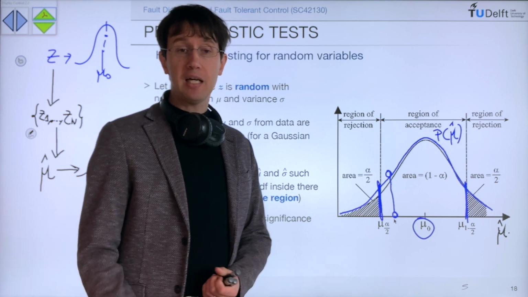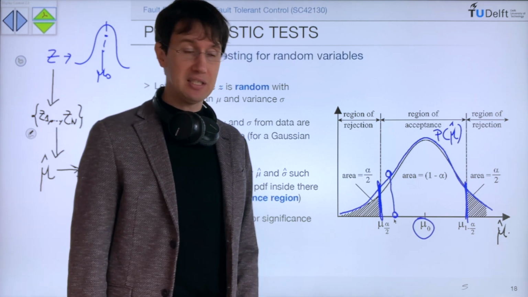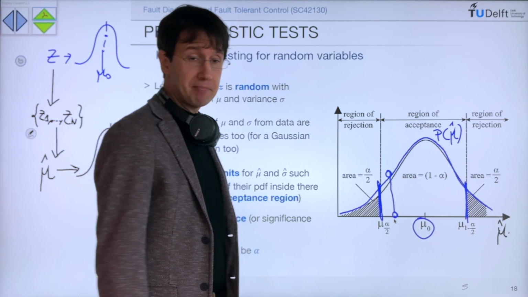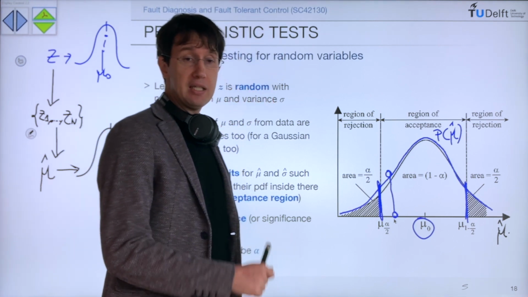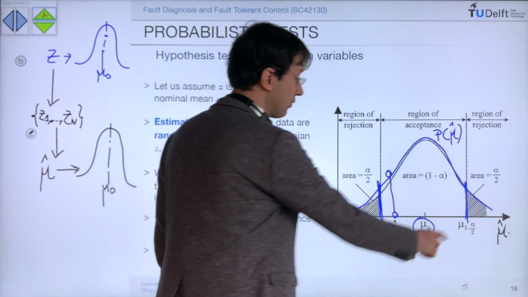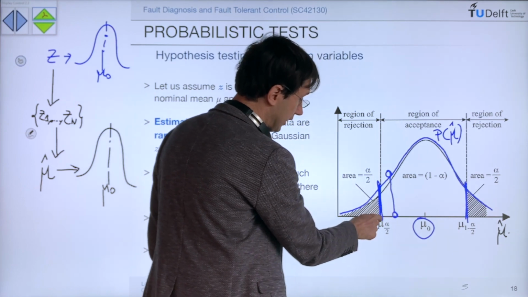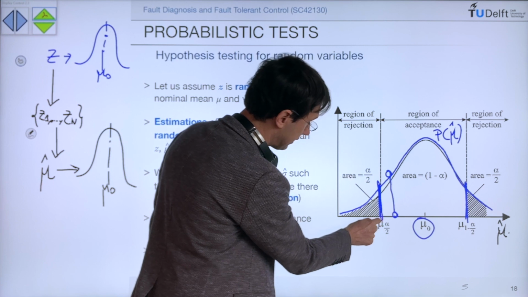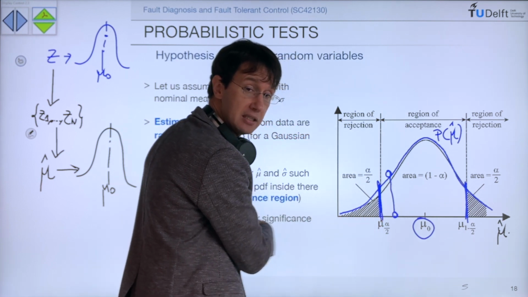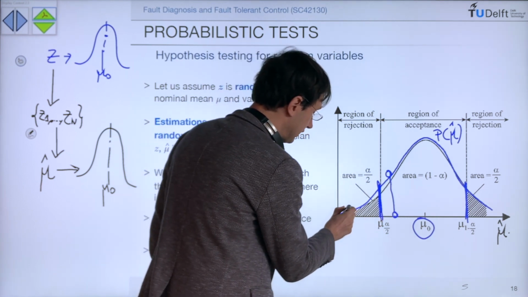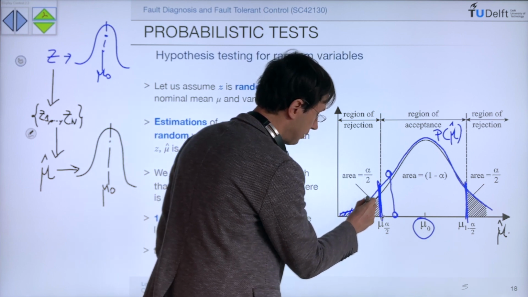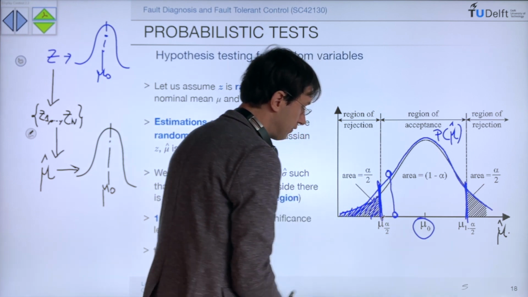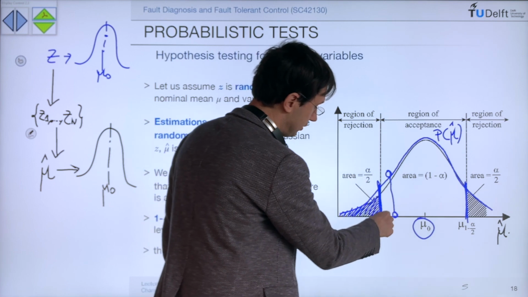How did we come up with these boundaries? The idea is that the probability of mu hat occurring in an interval that starts here and goes to minus infinity in this direction is equal to the integral of the PDF of mu hat from minus infinity to this.